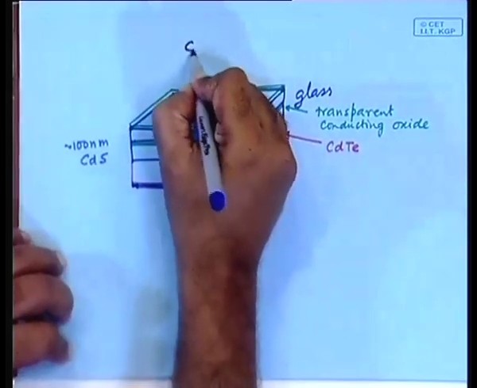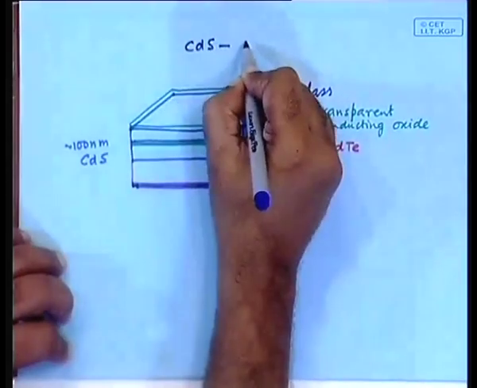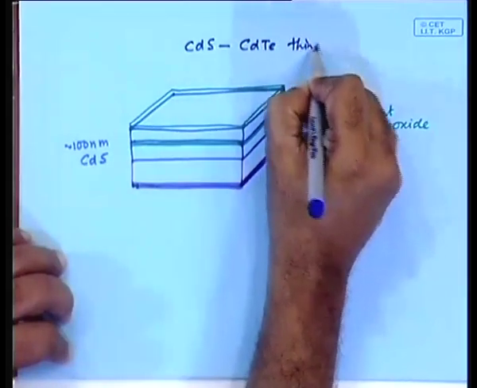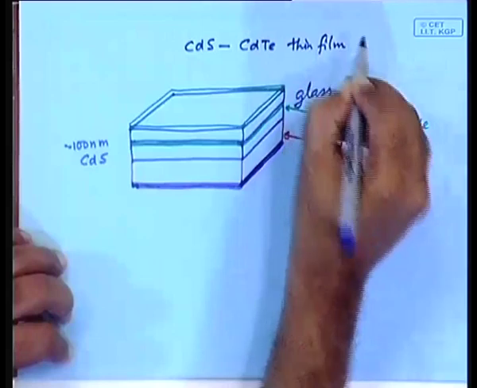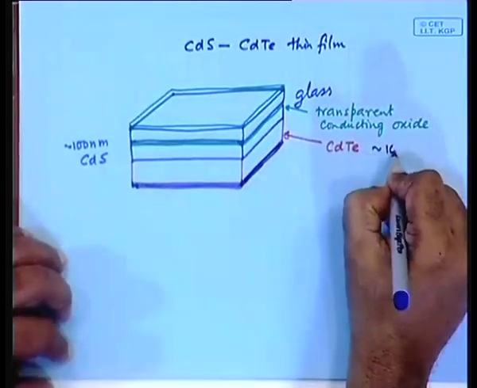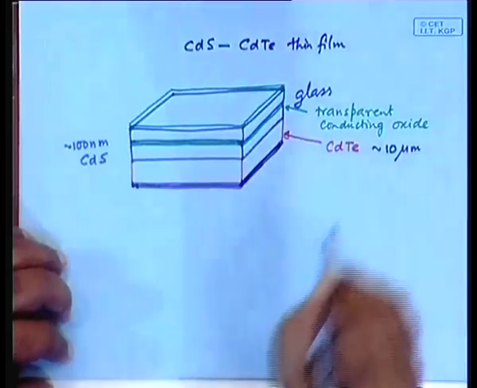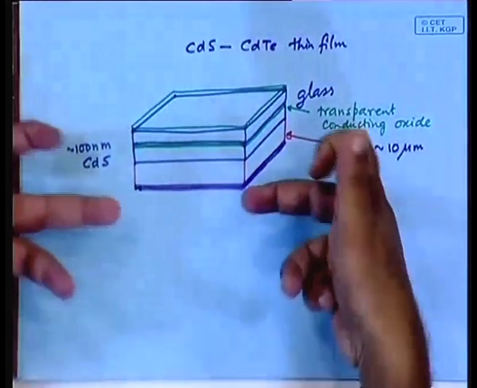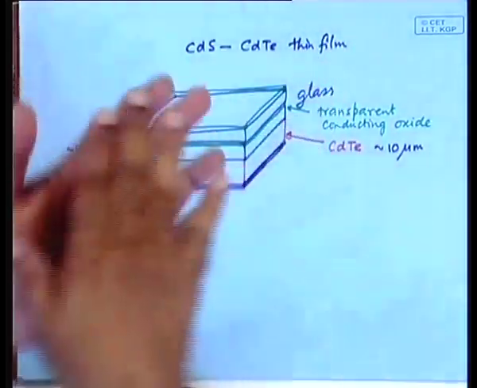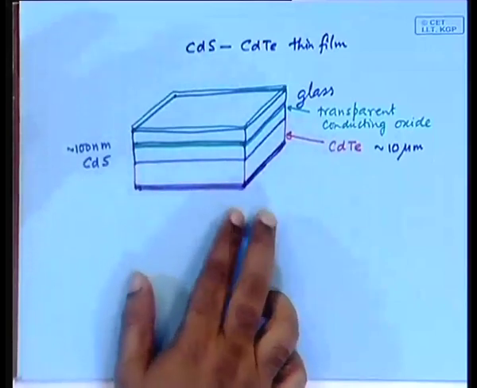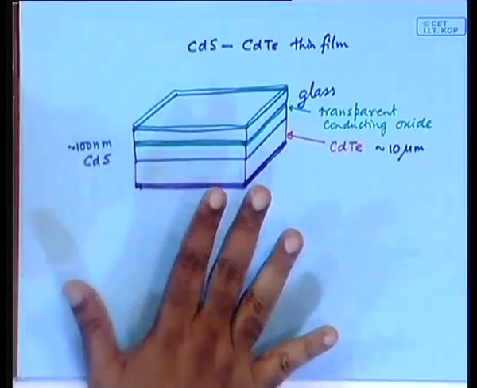This is CdS, CdTe thin film. Now, cadmium telluride is approximately 10 micrometers in size. So, you see the whole thing put together is a very thin layer again. So, this is again a thin film solar cell, and it has very good efficiency.